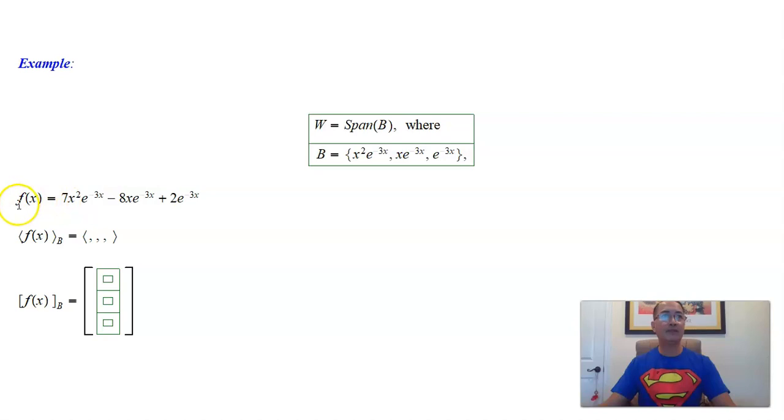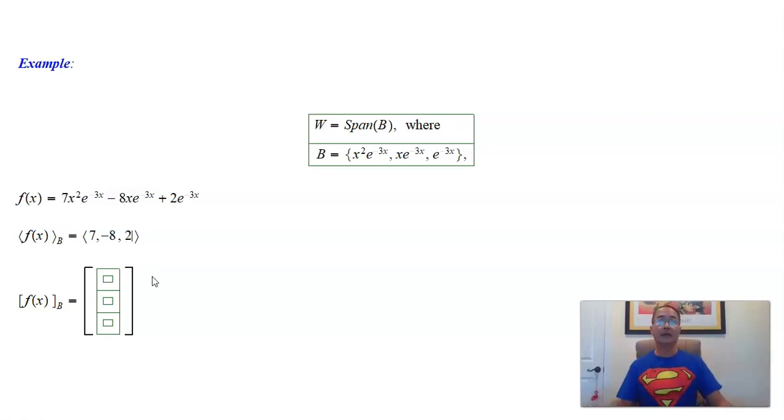Suppose we have this function, this linear combination. What are the coordinates of this function with respect to B? Again, this is very natural. The coefficients are 7 and -8 and 2. That is, of course, our last coefficient.